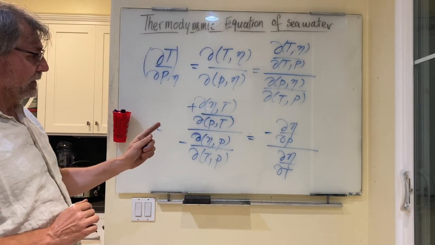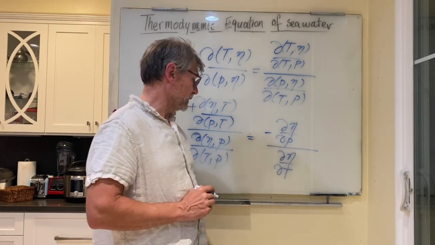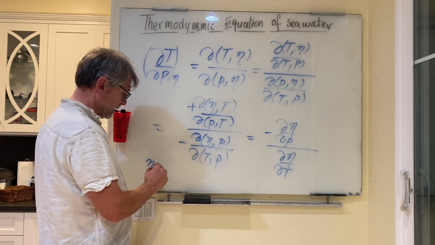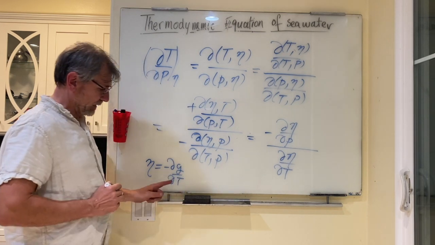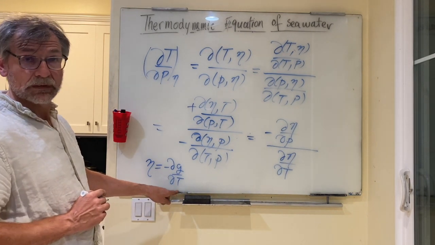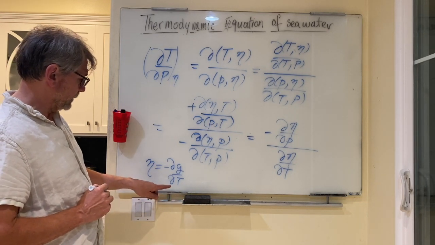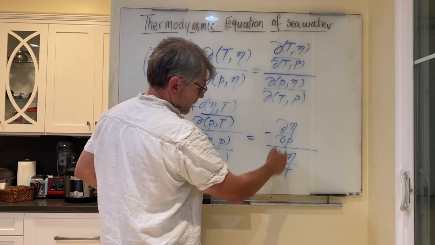Alright, so then the last step is to remember that the entropy can be expressed in terms of the Gibbs function as minus dg dt. We derived that in the first video on the TEOS-10 equation of state. So now we can substitute eta for this quantity in both upper and lower partials.